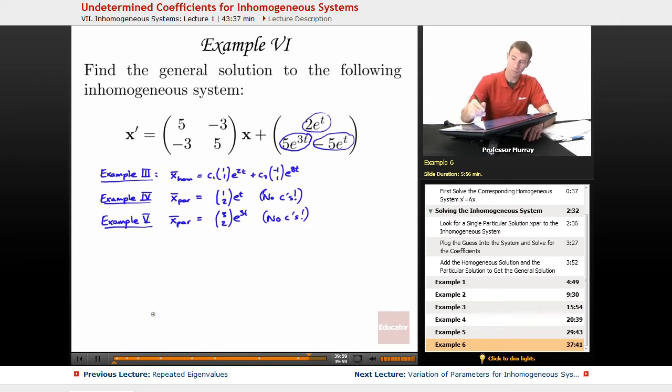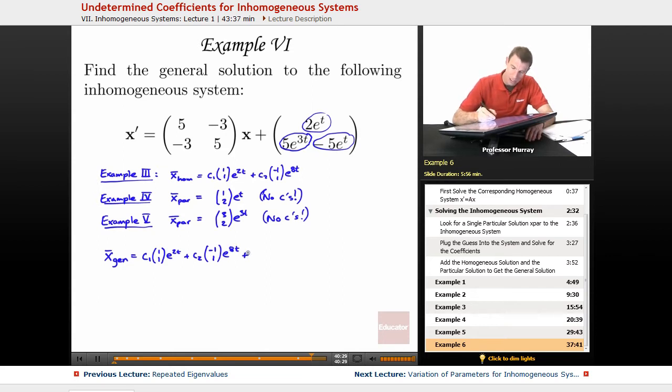And so what we want to do is just add all these solutions together, and we'll get the general solution to the problem. So all I'm going to do is add up those 3 parts of the solution. I still have the C1 and C2 from the homogeneous part, C1 e to the 2t plus C2 negative 1 e to the 8t.